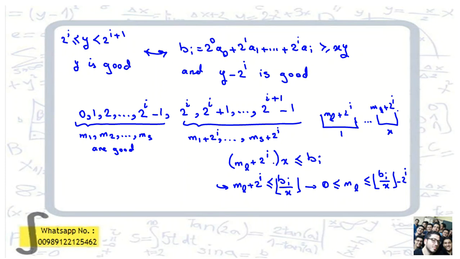You can call this one y: xy is less than or equal to b_i. So ml plus 2^i is less than or equal to b_i over x. Since it is an integer, it is less than or equal to the floor of b_i over x. Now ml is less than or equal to floor of b_i over x minus 2^i, and we know ml must be greater than or equal to 0. So we have also this condition.